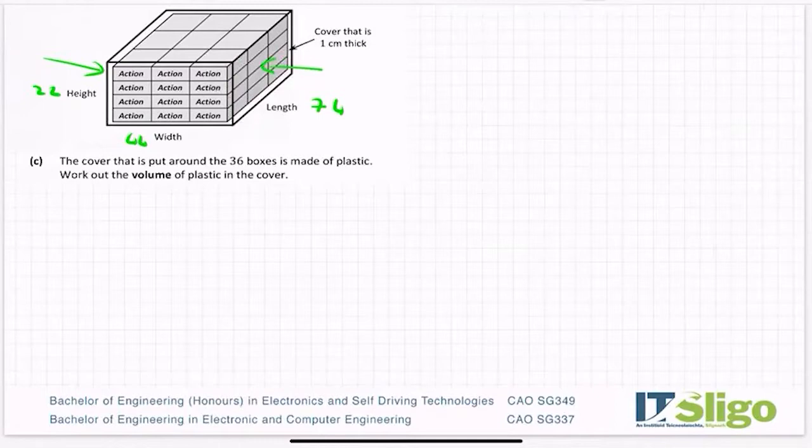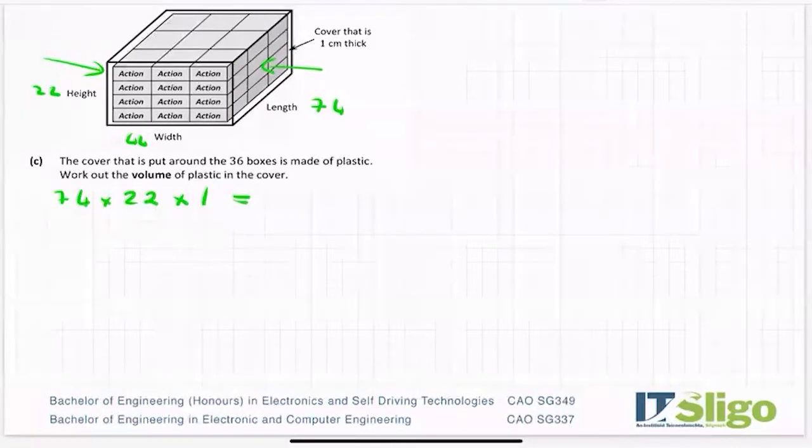So I will have 74 by 22 by 1. That's 1628 centimeters cubed. And I must multiply that by 2 because I have 2 of those faces. I'll do that in a minute.